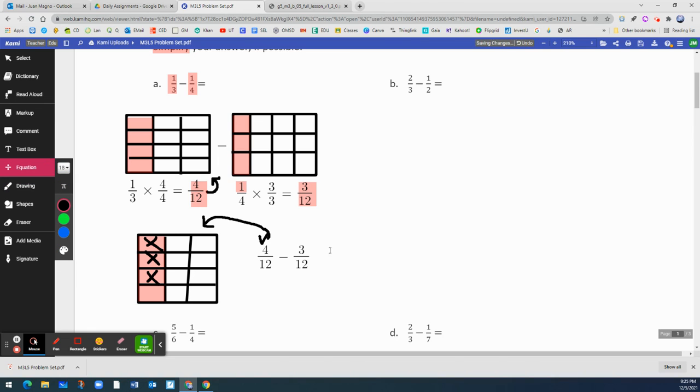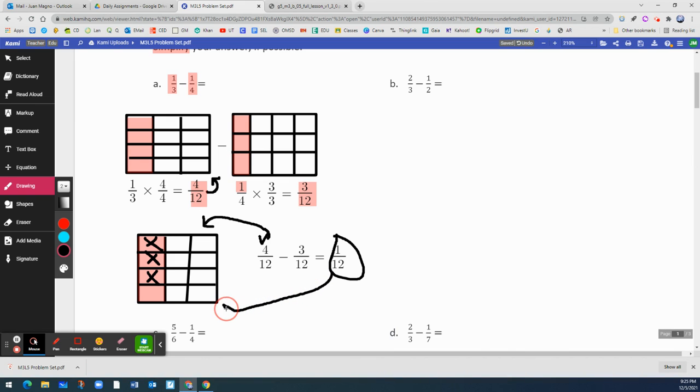And now we know that the answer for this subtraction is going to be 4 minus 3 equals 1 over 12. Okay, and now notice that the picture matches this difference shown on this last model, which is the answer. So you will say that this is like the equal part after you do this representation.